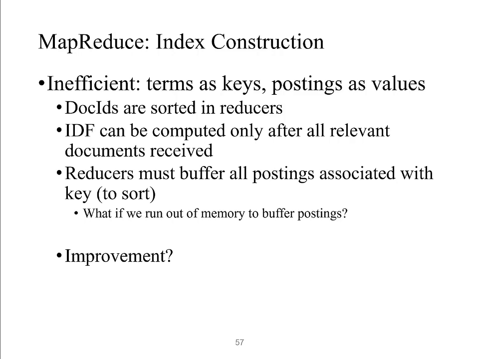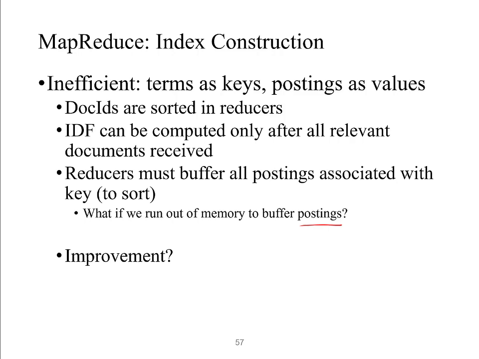And also the reducers must buffer all the postings associated with the key in order to do the sorting. Right. So if the postings are too big, then it is possible that we will run out of memory.